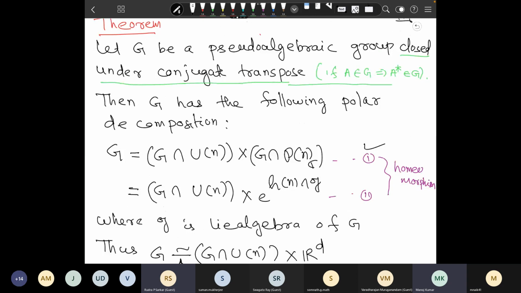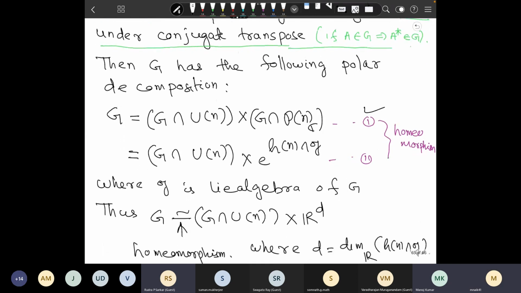And polar decomposition I have proved, and the restriction of a homeomorphism is a homeomorphism. For that reason, this is a homeomorphism.